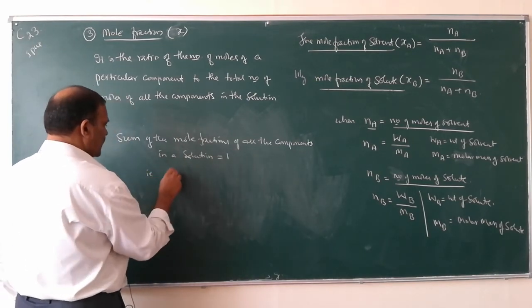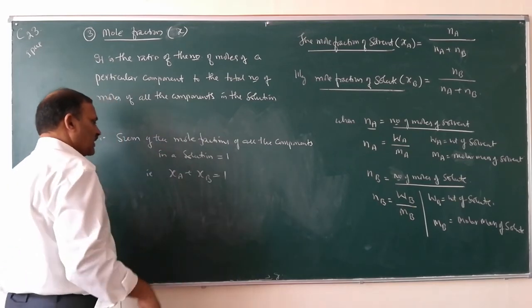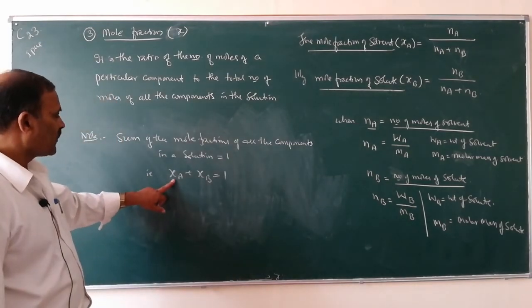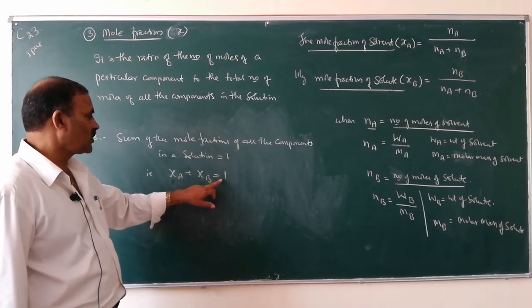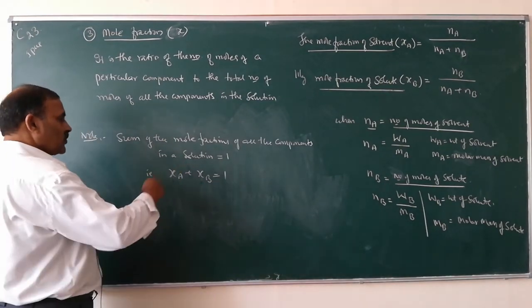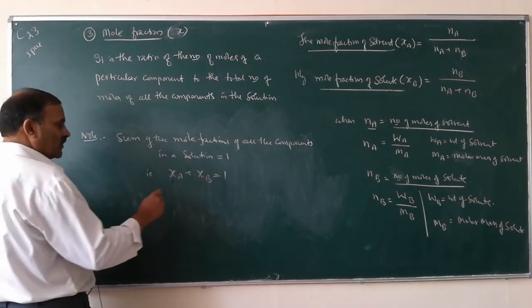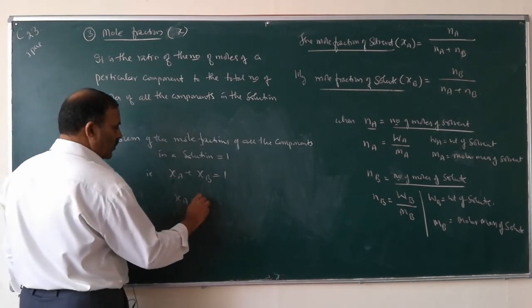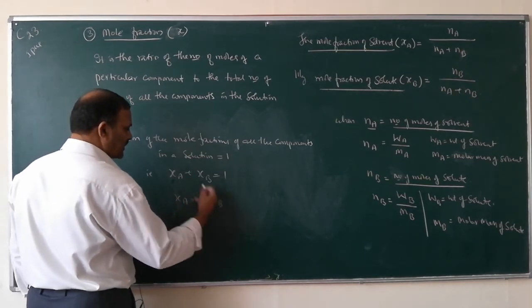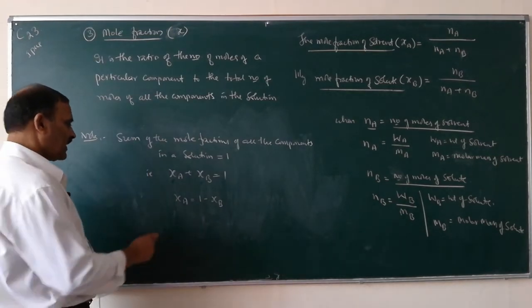That is XA plus XB equals 1, the mole fraction of solvent plus the mole fraction of solute equals 1. So if you know the mole fraction of solute, you can calculate the mole fraction of solvent: XA equals 1 minus XB, or XB equals 1 minus XA.